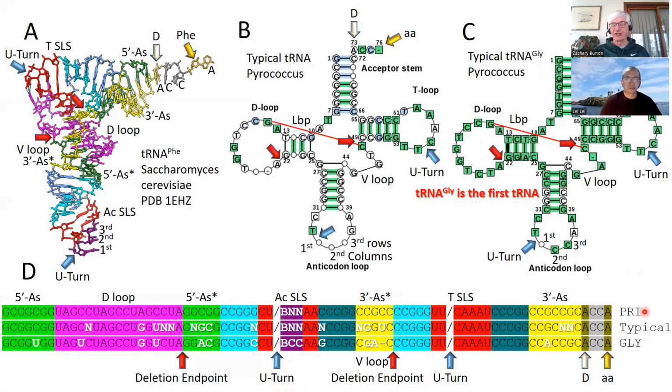So that indicates that the primordial tRNA was an ancestral glycine tRNA. Glycine tRNA is closest to tRNA pre of all the Pyrococcus tRNAs, and all of the tRNAs in this organism radiated from tRNA gly.